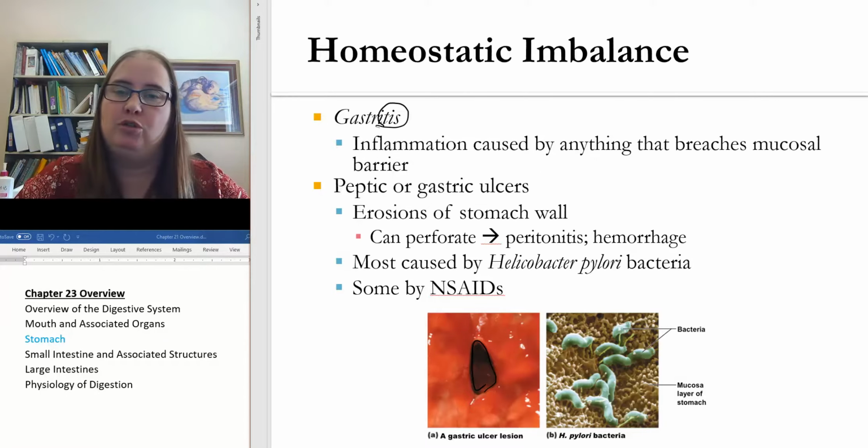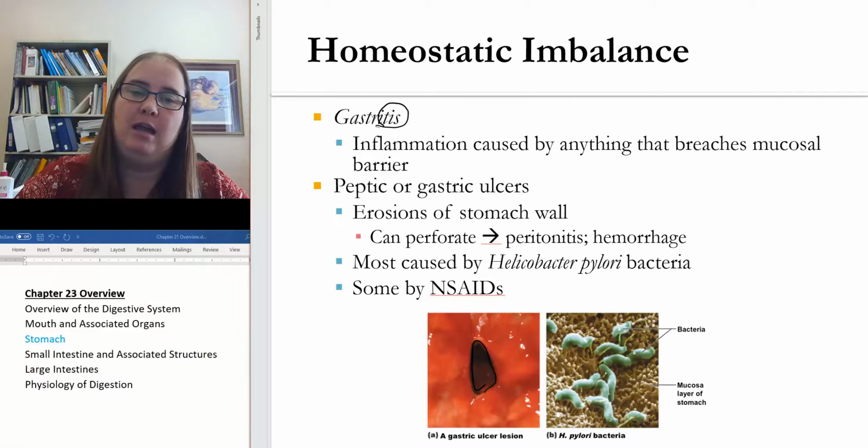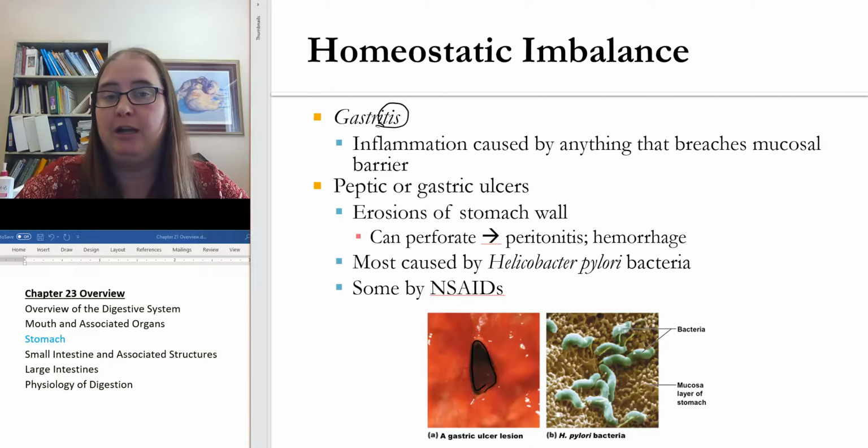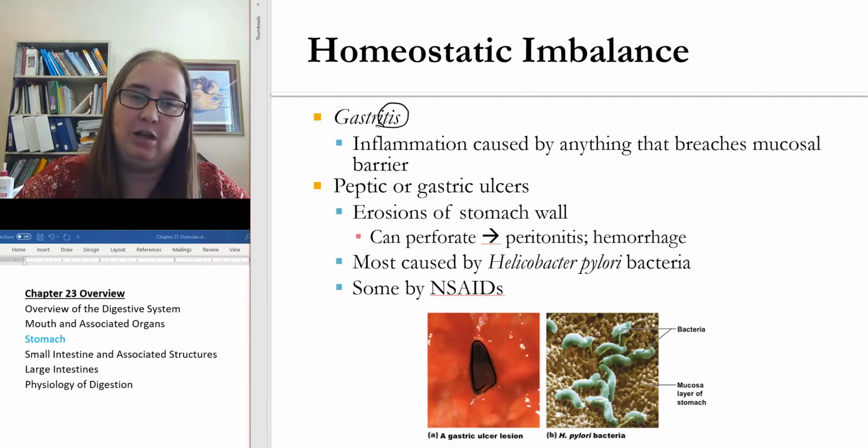Traditionally, or old wives' tales, used to be that stress caused ulcers, and now it's known that it's actually a bacteria that causes most ulcers. This is called Helicobacter pylori, or H. pylori. That causes these stomach ulcers.